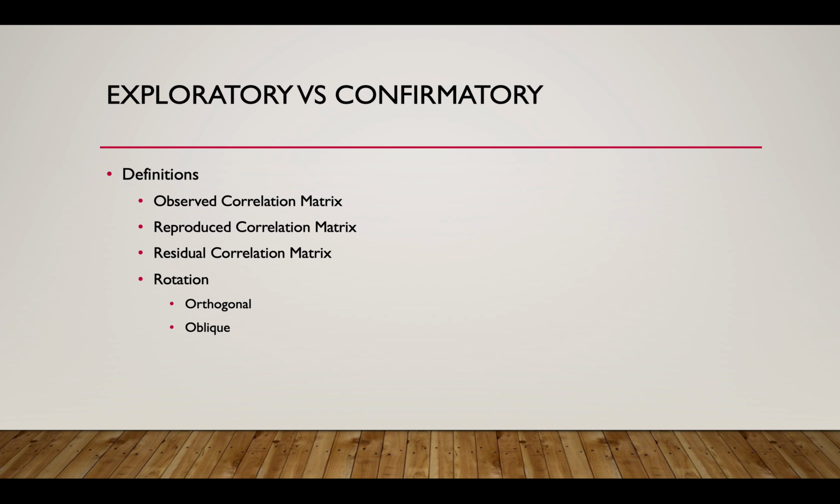Oftentimes, factors are related. If you think about our most common model of impulsivity, I like to think of the dual process model, where we have effortful control and impulsivity.